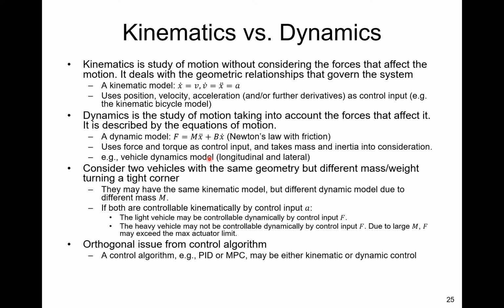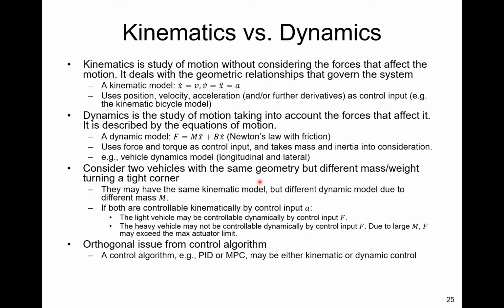So let's use an example. Consider two vehicles with the same geometry but different mass and weight turning a tight corner. Because they have the same geometry, they may have the same kinematic model but different dynamic models due to different mass. Both are controllable kinematically by control input A, but they may not be controllable dynamically.